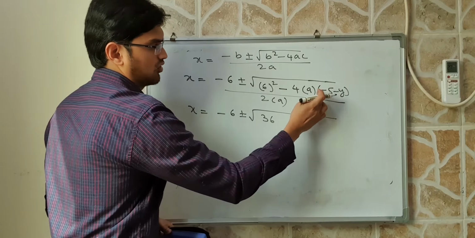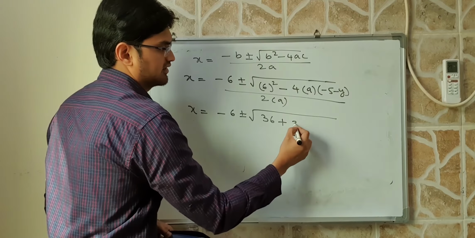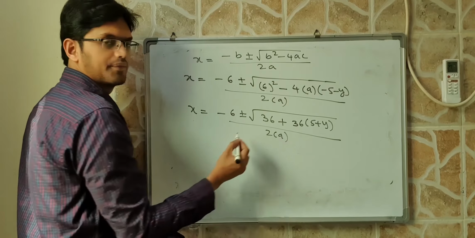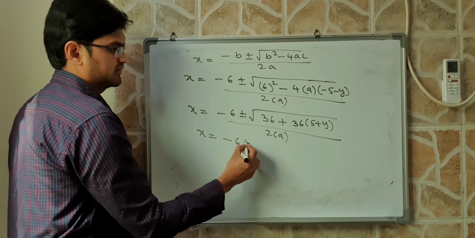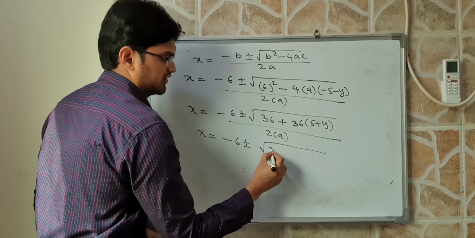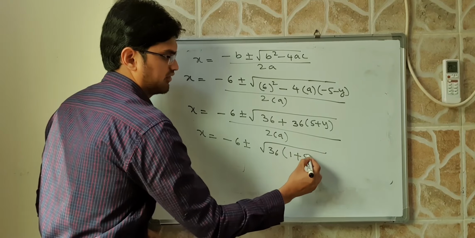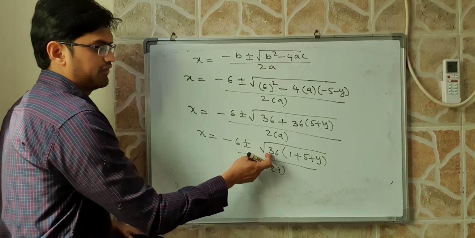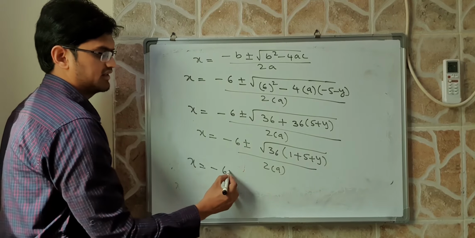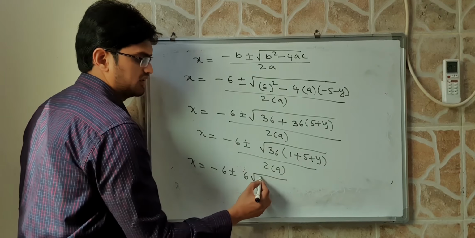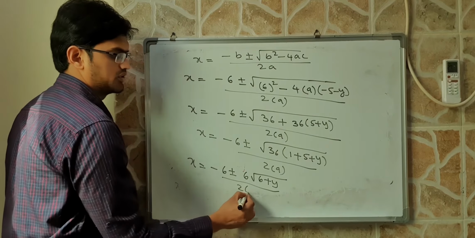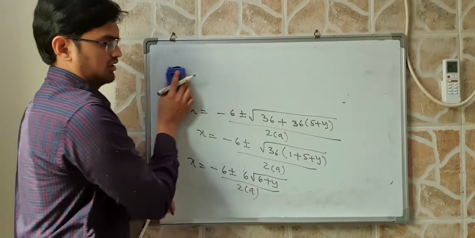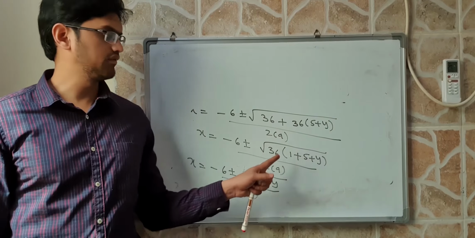If you take minus common here, plus 4 times this, 36 plus 4 times (5 plus y), divided by 2 into 9. Now you take 36 common here, I will be getting 1 plus 5 plus y, by 2 into 9. So x is equal to minus 6 plus or minus 6 into root of 6 plus y, by 2 into 9.